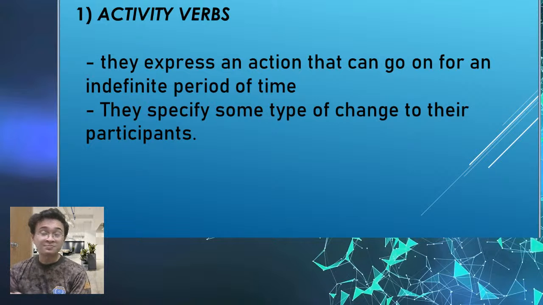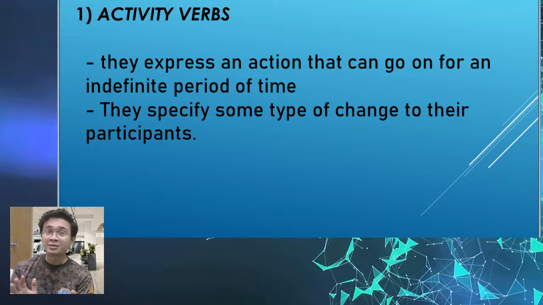And sometimes we don't know what the result will be because this action only shows activity. And sometimes activity verbs specify some type of change to their participants. Yes, commonly it shows some change to the one who is doing this kind of action.